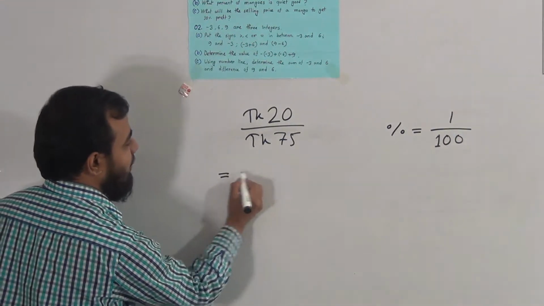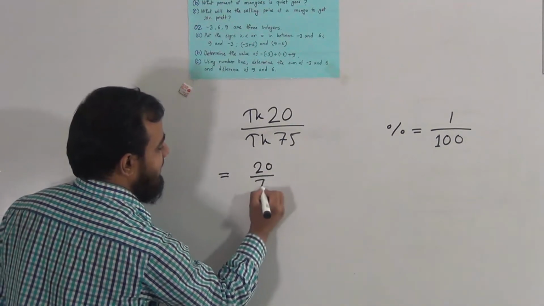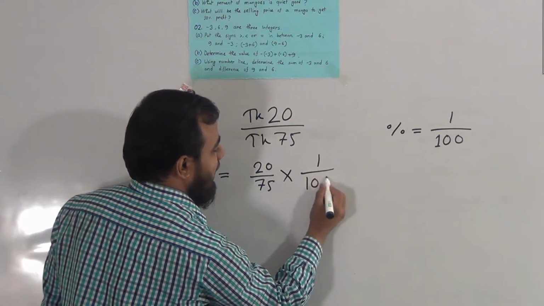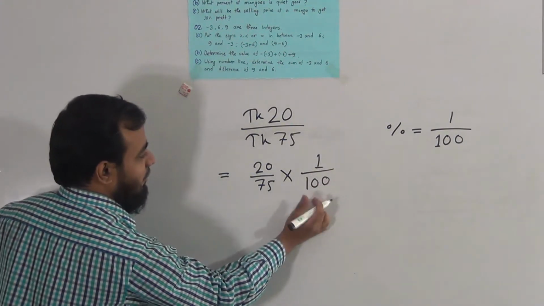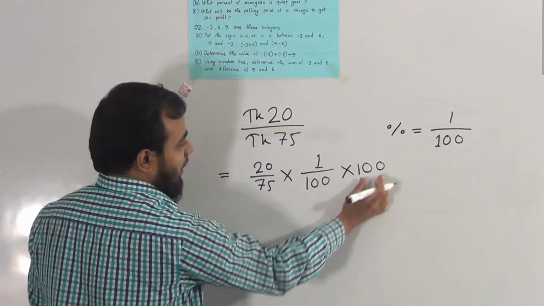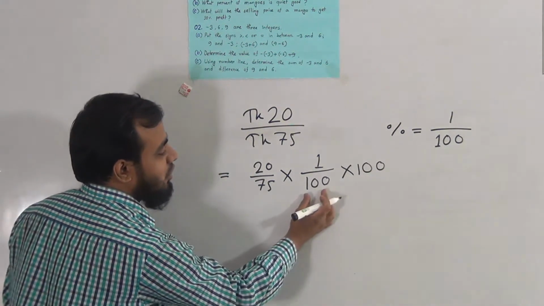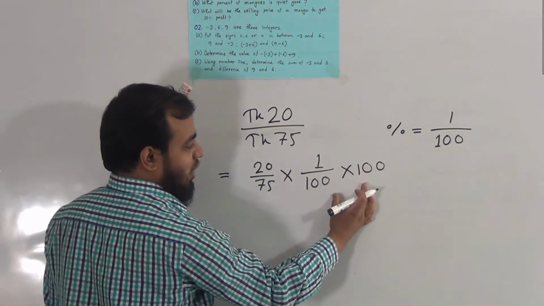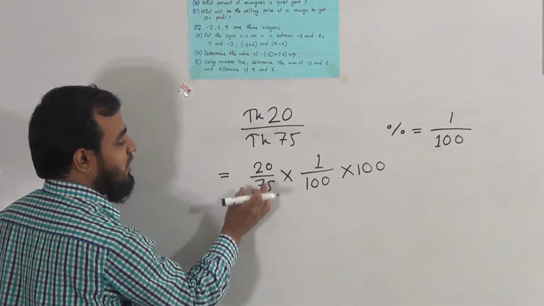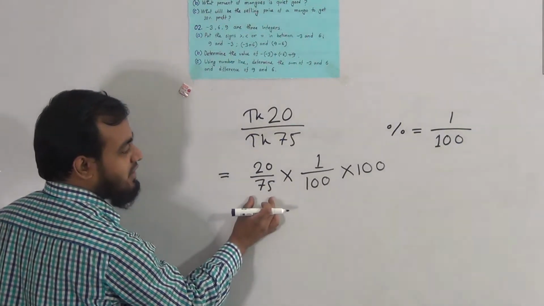That is why we write 20 by 75. We write this as multiplication, and we can also write 100 as numerator. Now numerator is 100, denominator is 100. When you cut it down, we get 1, and when 1 is multiplied with any number, the value remains the same.